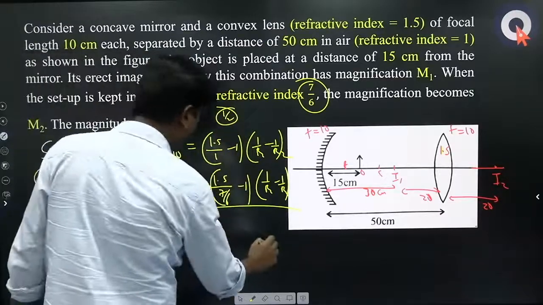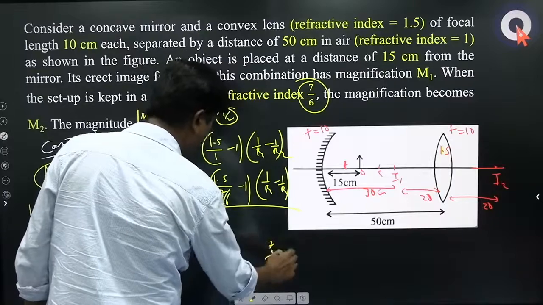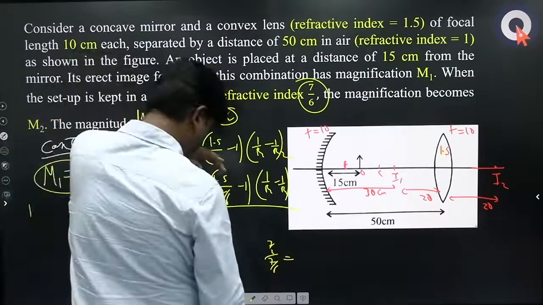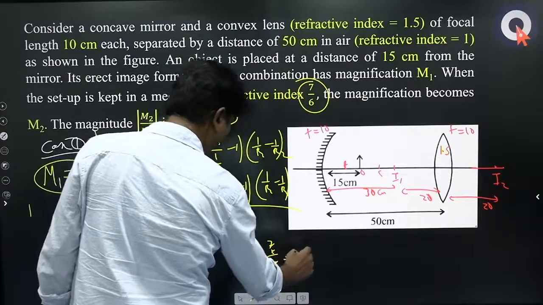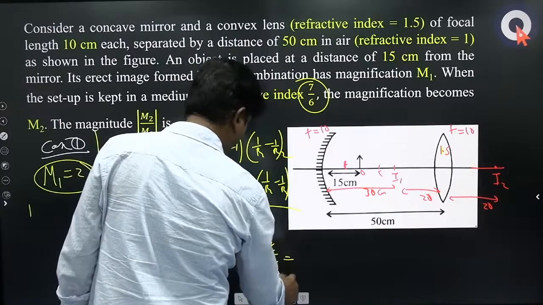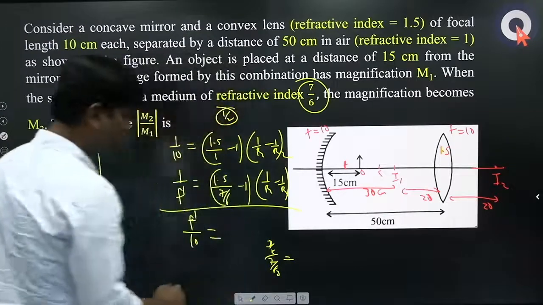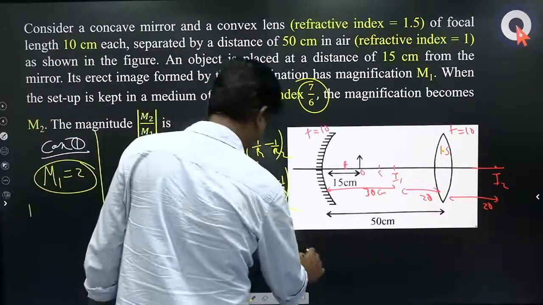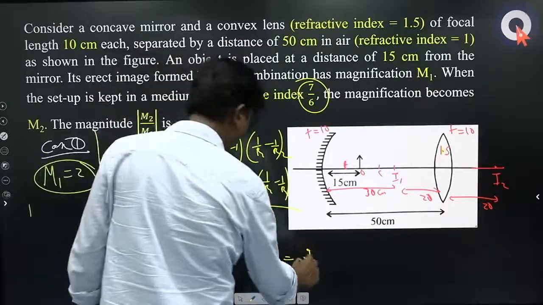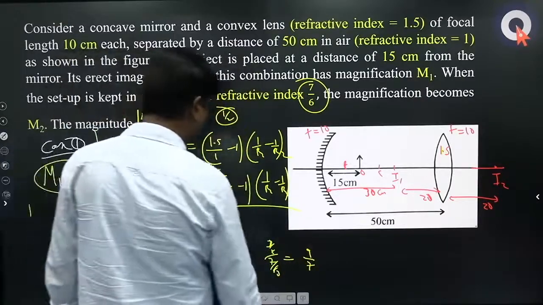And this is actually 3 by 2 by 7 by 6, which is 9 by 7 minus 1, so 2 by 7.